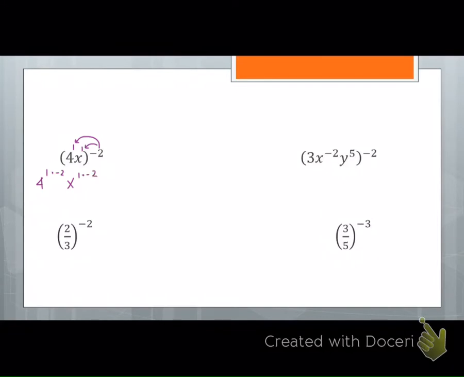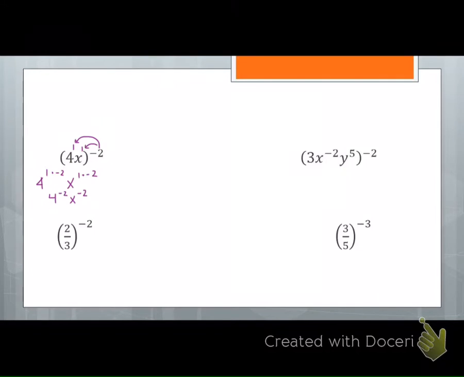So we have 4 to the negative second and x to the negative second. A negative exponent does not mean a negative number. Riley, what does that mean we need to do here? You gotta make it a fraction. Okay, so what is that fraction going to be?